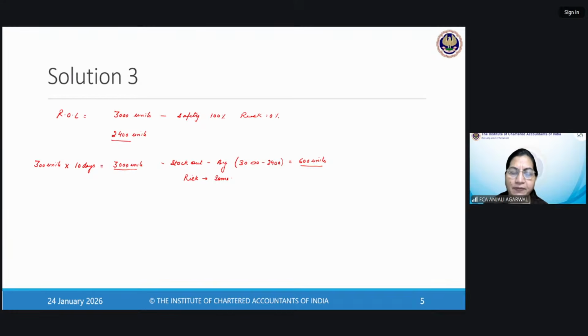It might happen. But as we know, there is the concept of risk and reward, and the same goes here. So we have to strike a balance between the two. Here, if we keep all the units in stock, as we have seen in the EOQ questions also, if we keep a lot of units, there is carrying cost. So the carrying costs will increase.